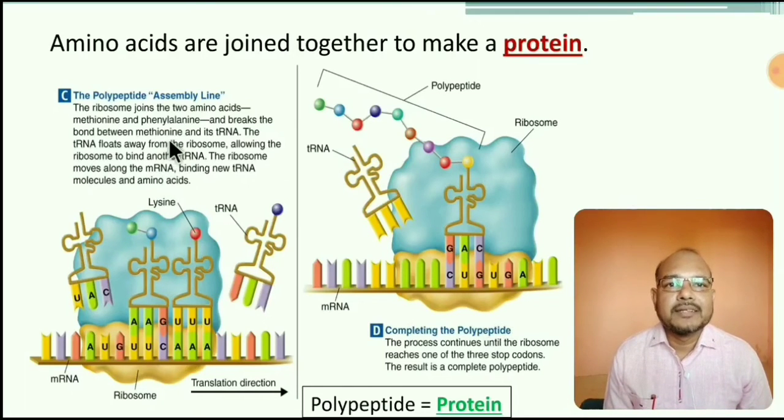The polypeptide chains are made like an assembly line through this translation direction, where the incoming amino acid tRNA brings the amino acids one by one from the acceptor site to the peptidyl site, forming long polypeptide chains, and after the long polypeptide chain formation they exit into the E site.